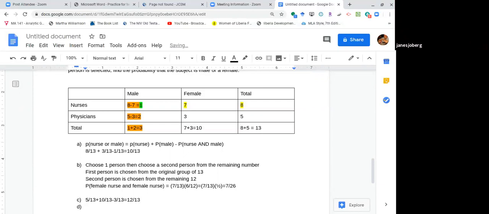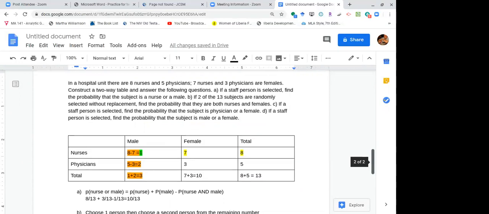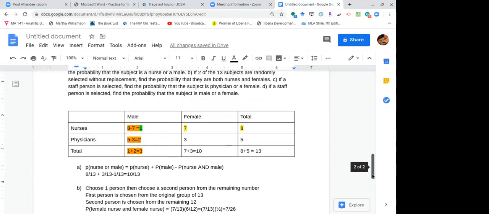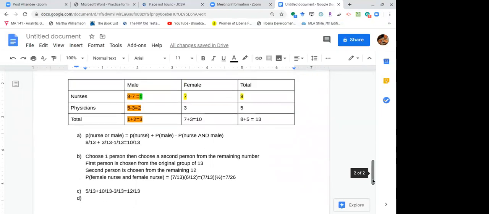Okay? All right. Now D says, if a staff person is selected, find the probability that the subject is male or female. Now, what's different about this one? Well, this is all of them because they can either be male or female. So even if you added it up, it's just obvious it's 100%, but it would be 13 over 13.